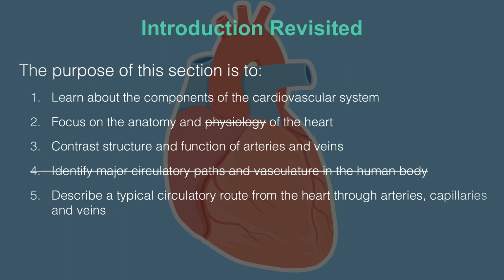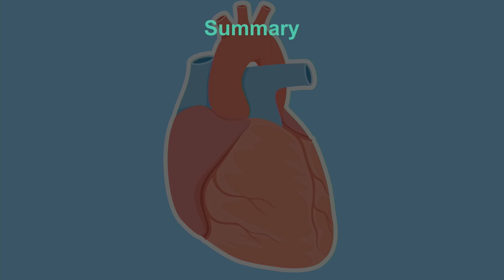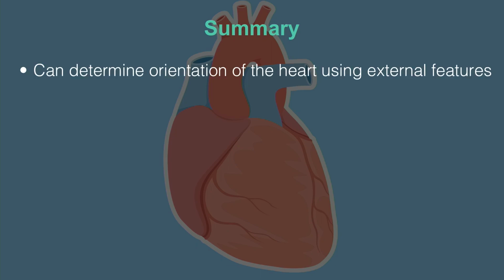So let's summarize then, which is sort of what we did. We've determined the external surface features of the heart that allow us to determine its orientation. You know the major vessels. You know some of the major components, the external features of the chambers of the heart.